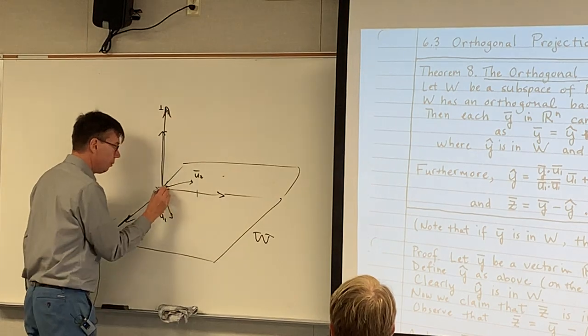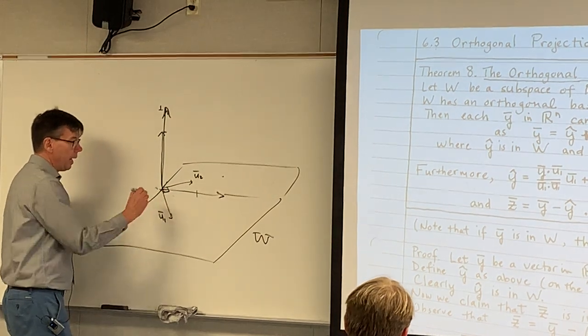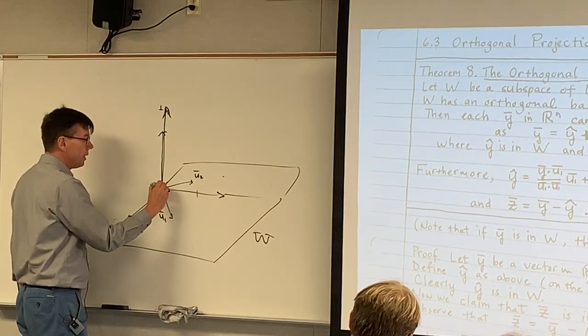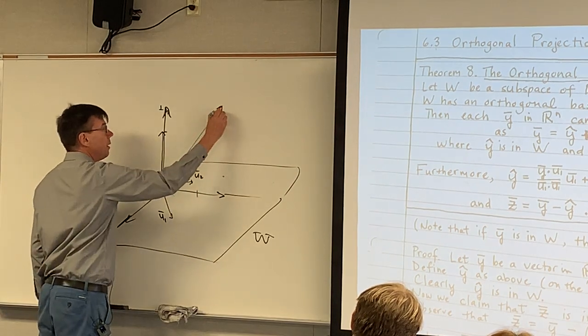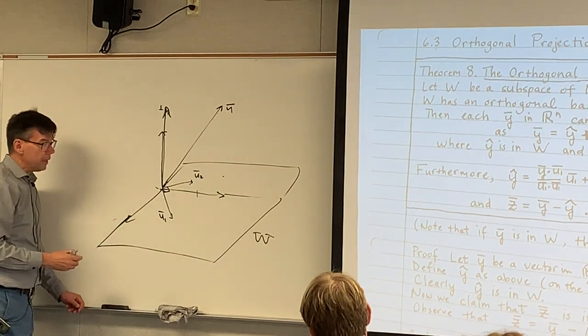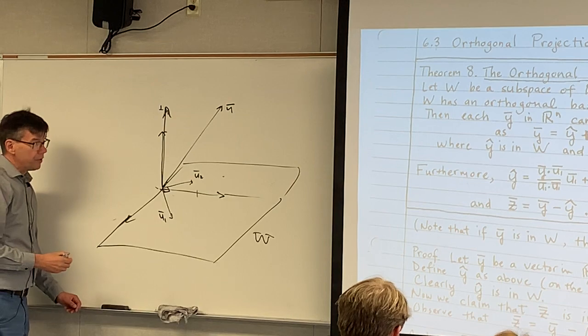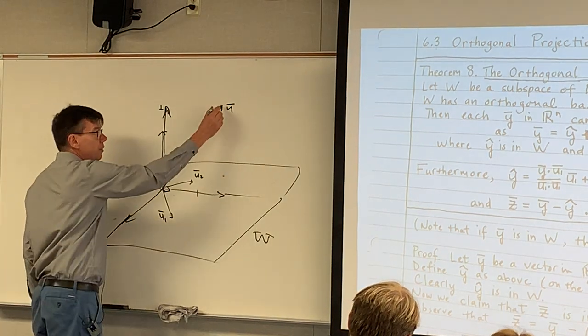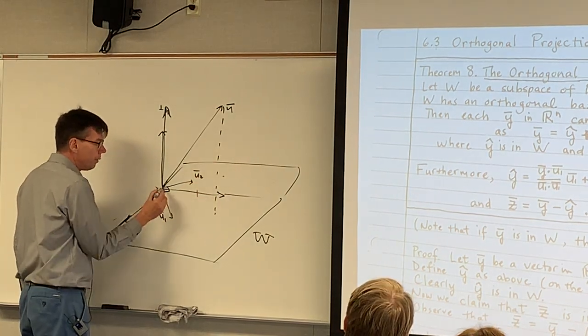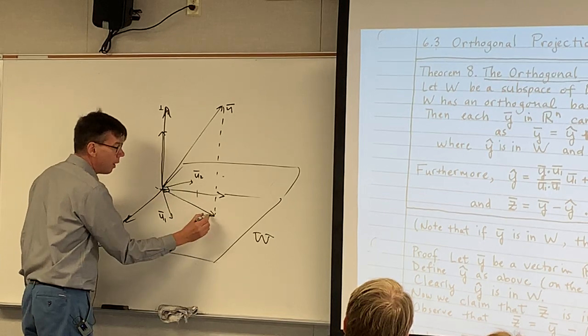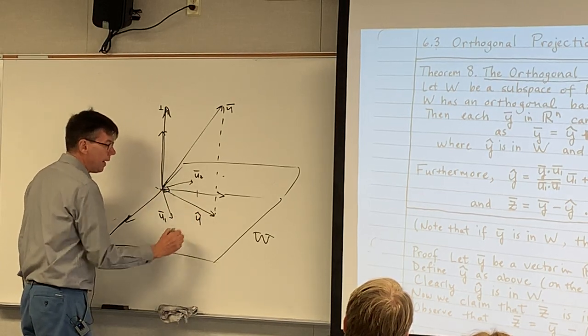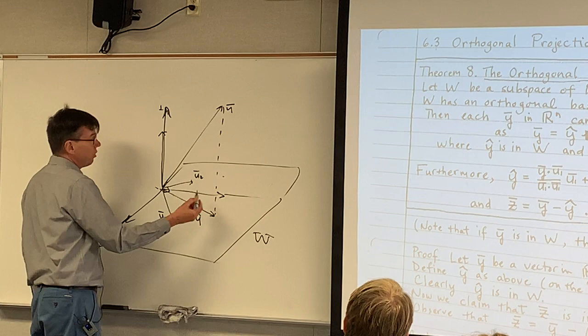And y is just going to be some vector out here. What we're saying is y can be uniquely described. There's only one way to describe y as a y hat plus a z vector.